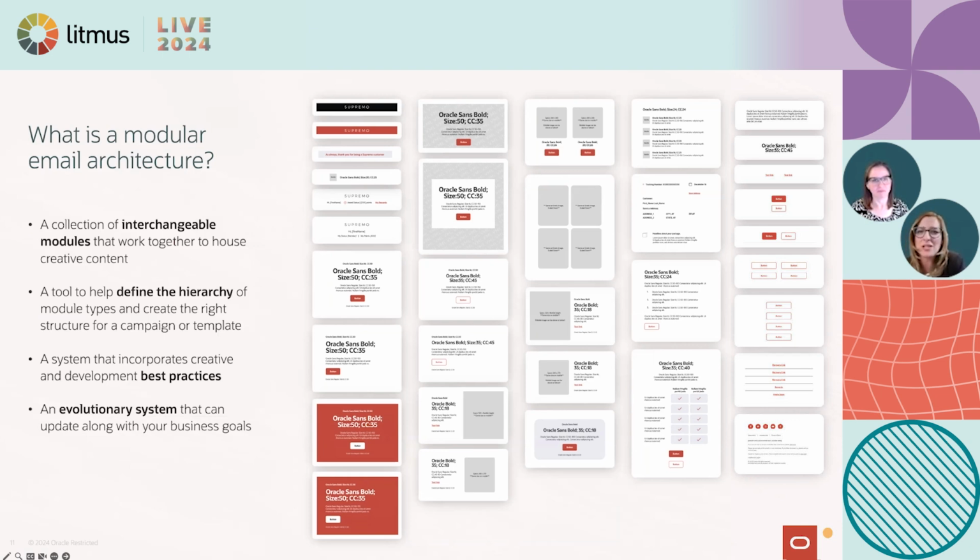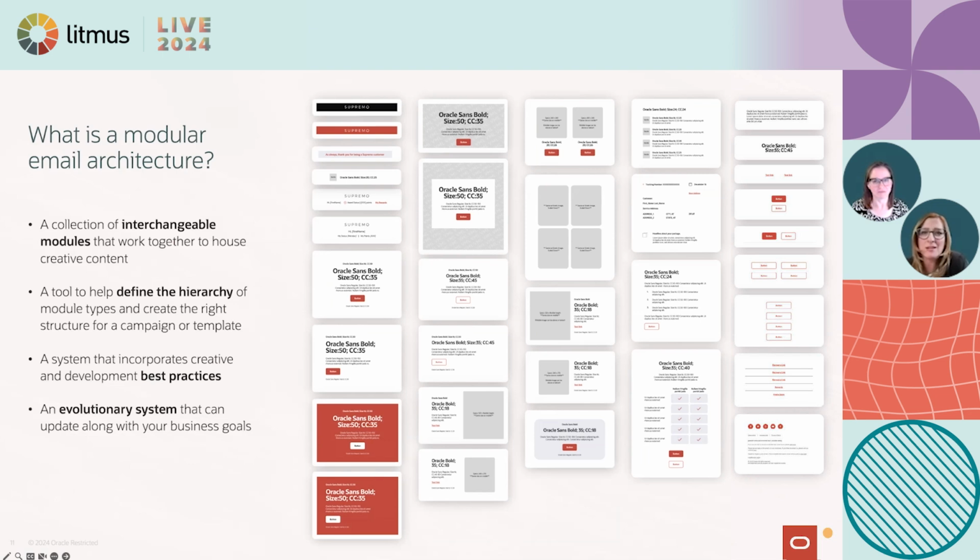On the screen, you'll see an example of a modular email architecture. The system consists of interchangeable modules that house our creative content. By establishing this framework with defined styles, you can ensure consistency across your elements, resulting in a cohesive look throughout your communications.